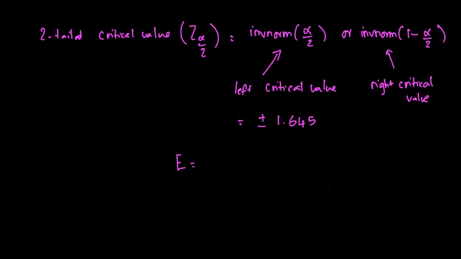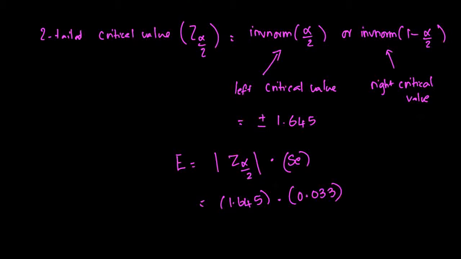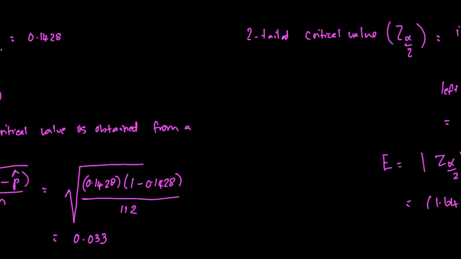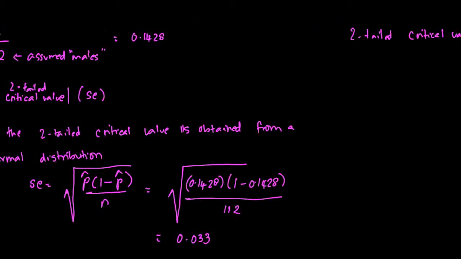Now the margin of error is the absolute value of the critical value that I found times the standard error. So this is 1.645, and the standard error from the previous part is 0.033. I calculated the standard error over here using that formula.